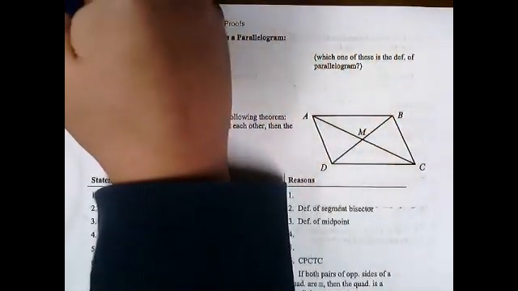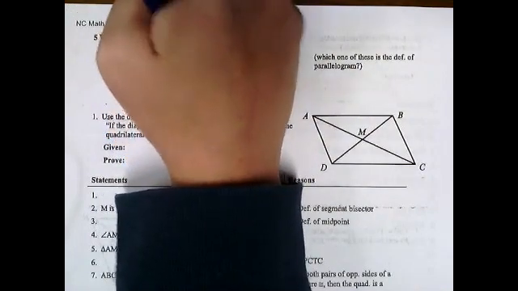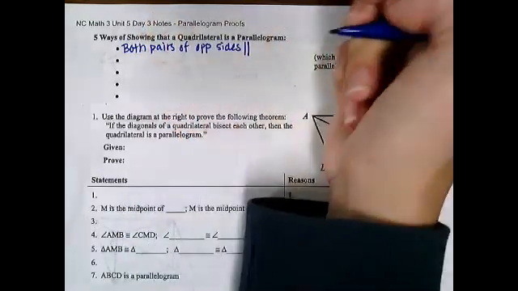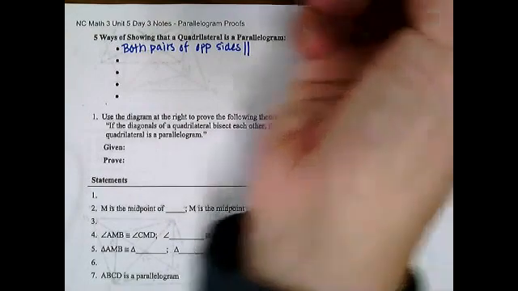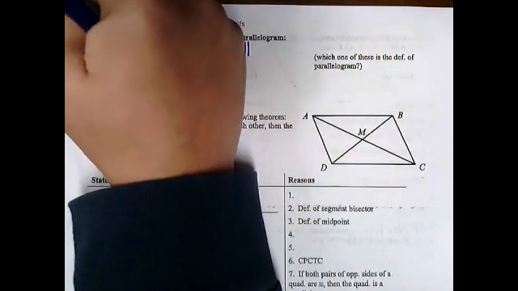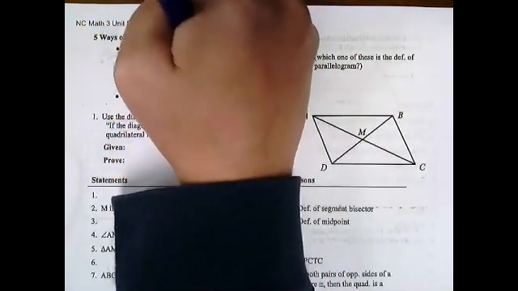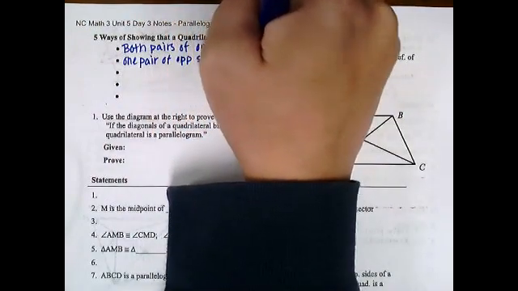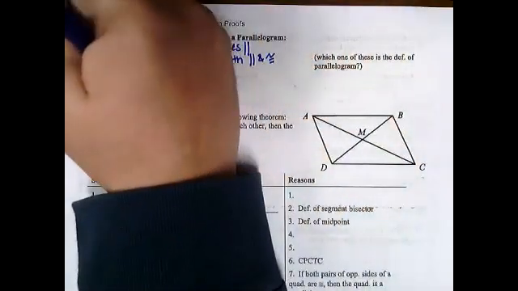So one is both pairs of opposite sides are parallel. Another is one pair of opposite sides are both parallel and congruent. Another is both pairs of opposite sides are congruent.